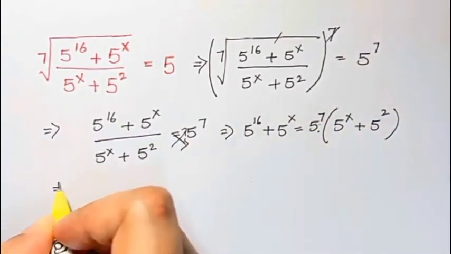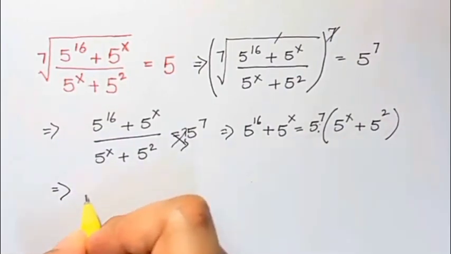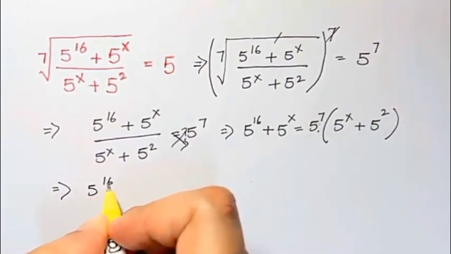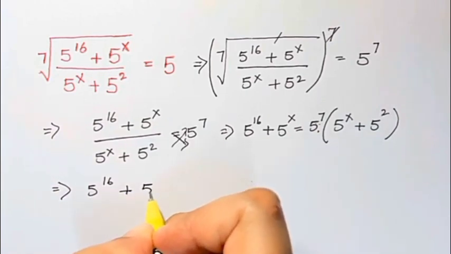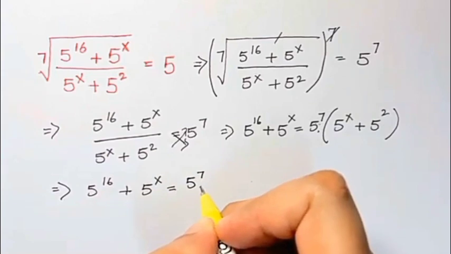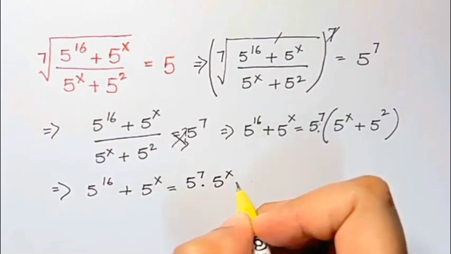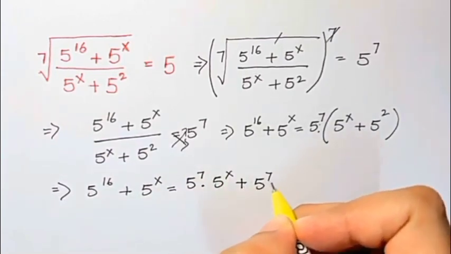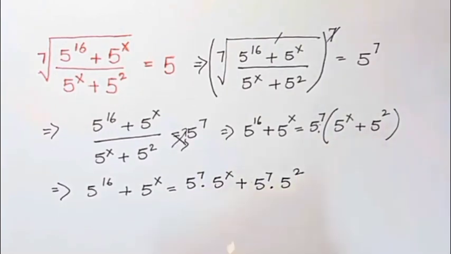Now the next step, we're going to open the parentheses. 5^16 + 5^x is equal to 5^7 times 5^x plus 5^7 times 5^2.